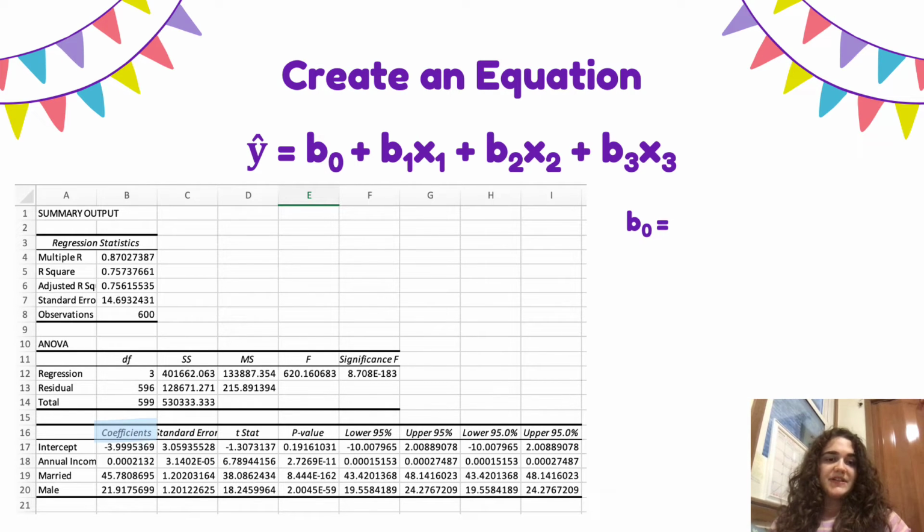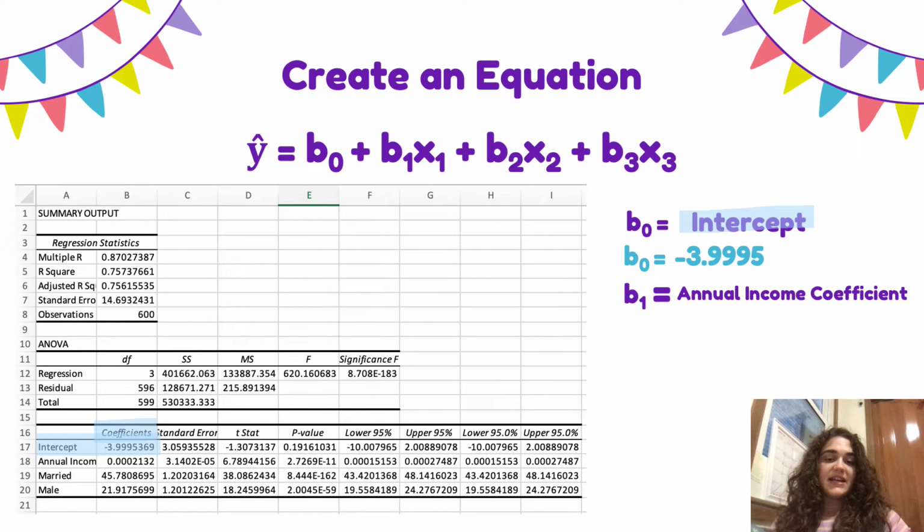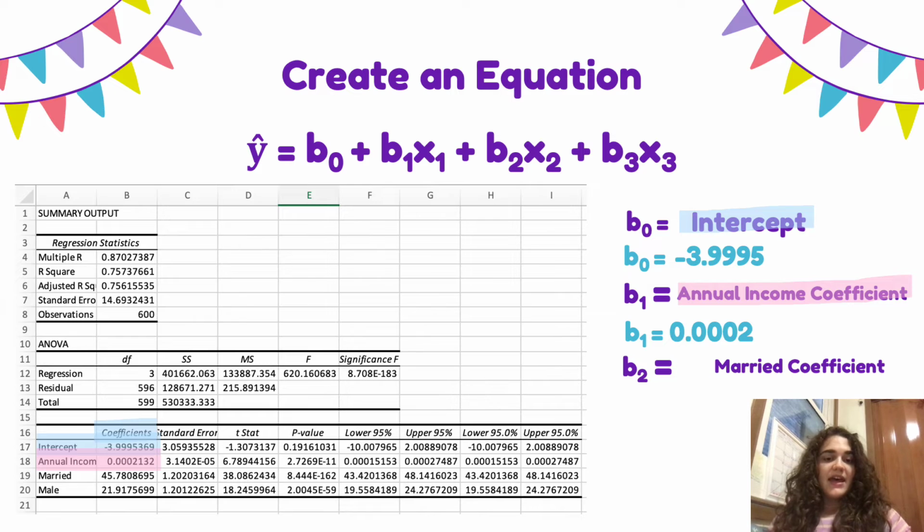And so b0 is the intercept, which is found in the first row of this table at negative 3.9995. b1 is the annual income coefficient, which is found right beneath the intercept, and b1 equals 0.0002. b2 is beneath that.